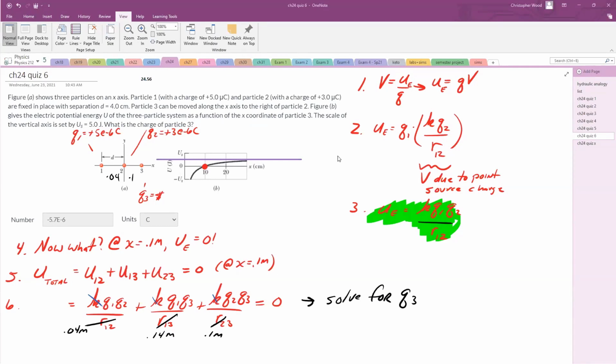One more, chapter 24, quiz 6. Let me double check my side. Chapter 24, quiz 6 should be homework problem 2456.